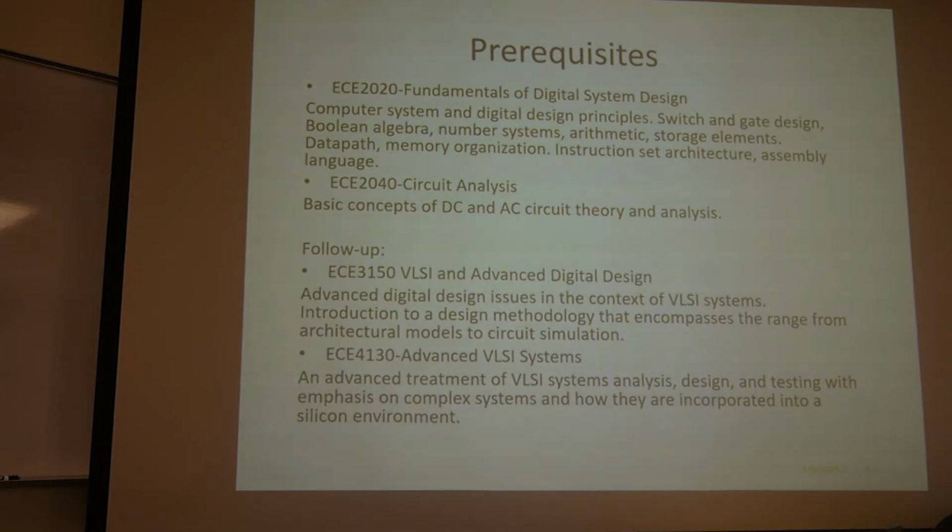Then the follow-up courses after 3030, there are some options for you. After 3030, I think there will be 3150, which is a more advanced digital system design, called VLSI and advanced digital design. That course is going to have more in-depth discussions on circuit design using transistors for digital system design.